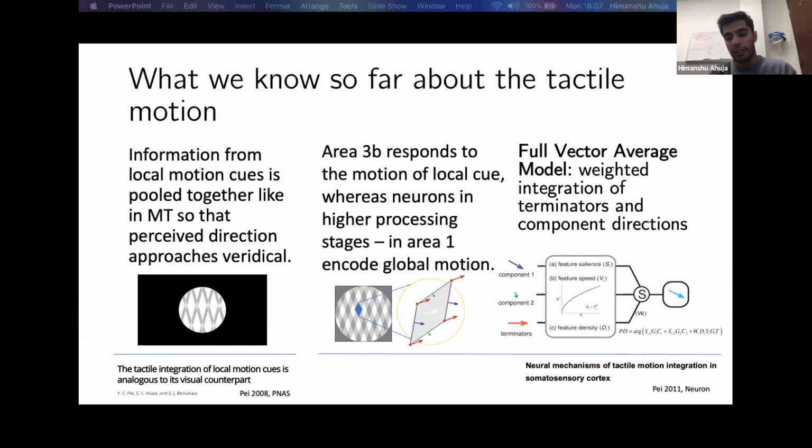They also put out a model called the full vector average model, which was a weighted integration of these terminator and component directions to give the vertical direction. The problem with these studies was that they were only performed with the hand placed in one position.